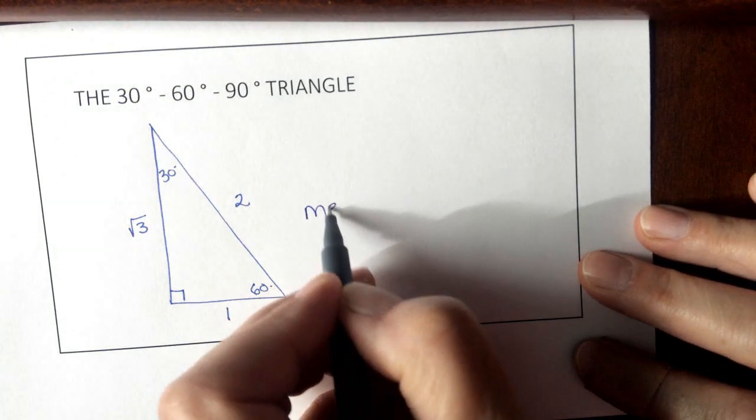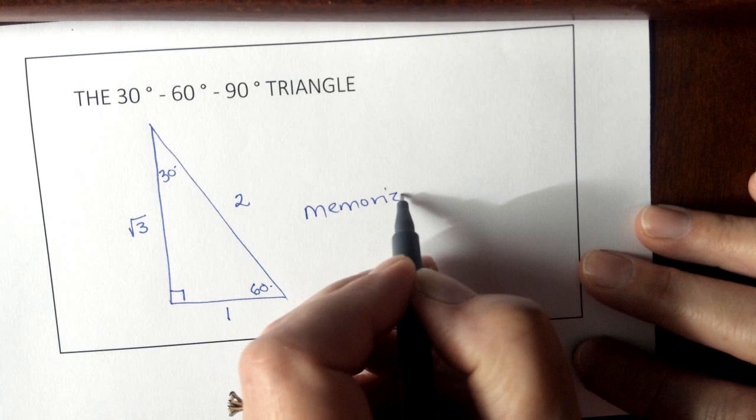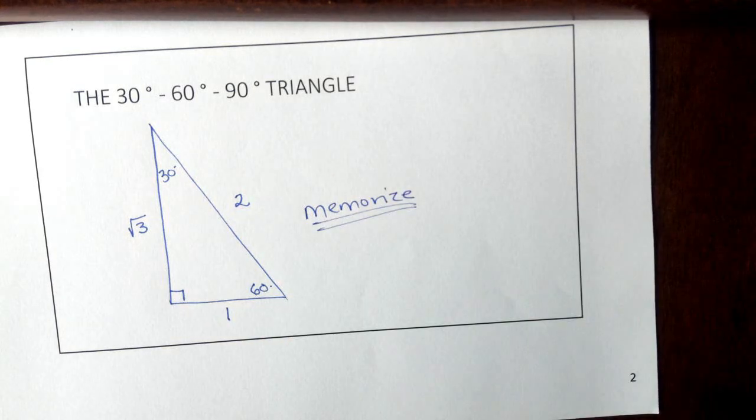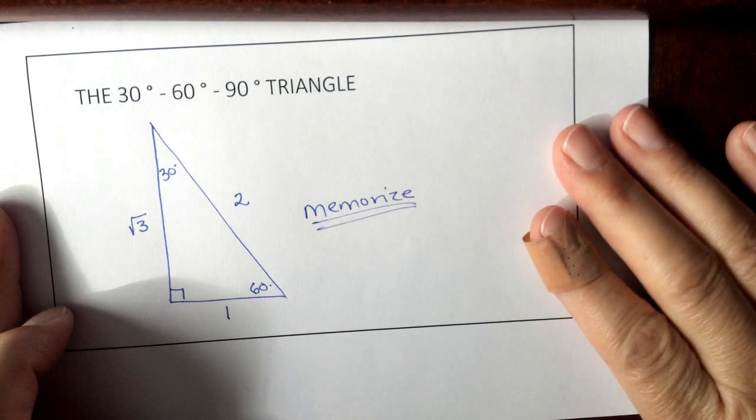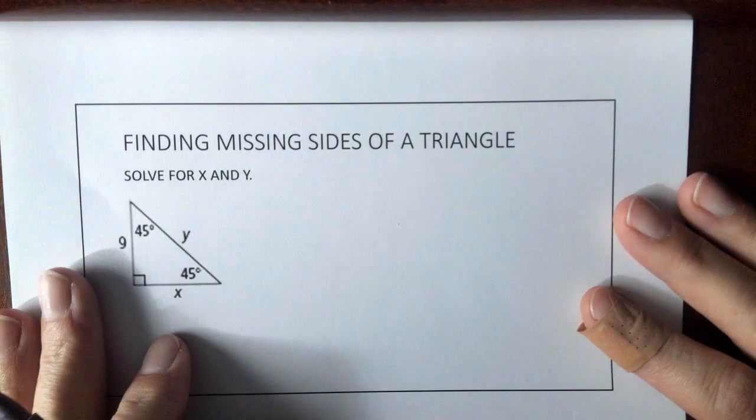This is the second and only other one that you need to memorize, because when you need them, they won't be given. You'll just have to be able to draw those on your own right out of your head. So we'll keep these handy for reference as we solve for missing sides of triangles.